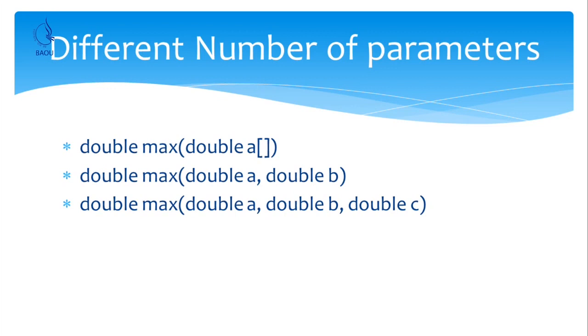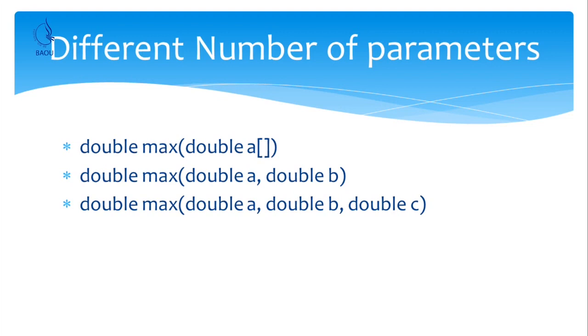Now, we take an example of each. The first case is where the method has a different number of parameters. Here on screen you can see we have three methods. The first method is a max method with a double array as a parameter. It finds the maximum of the array elements provided as the parameter, so it takes only one argument.